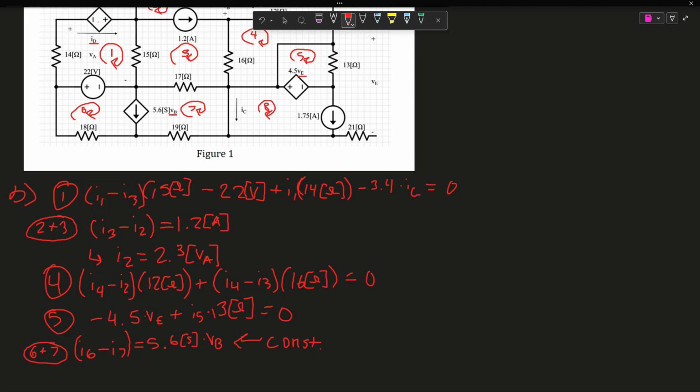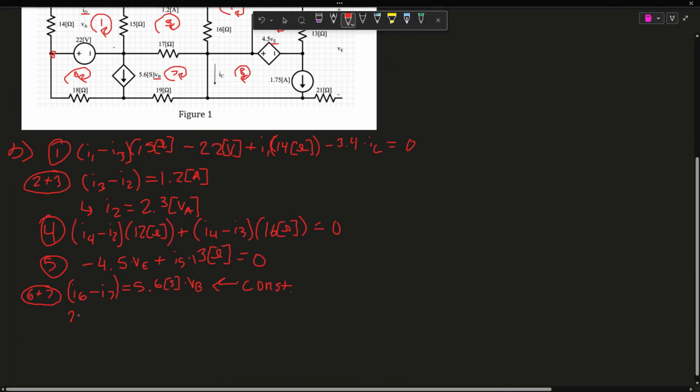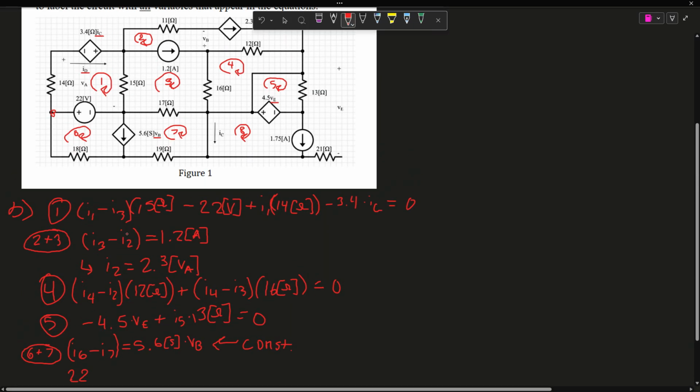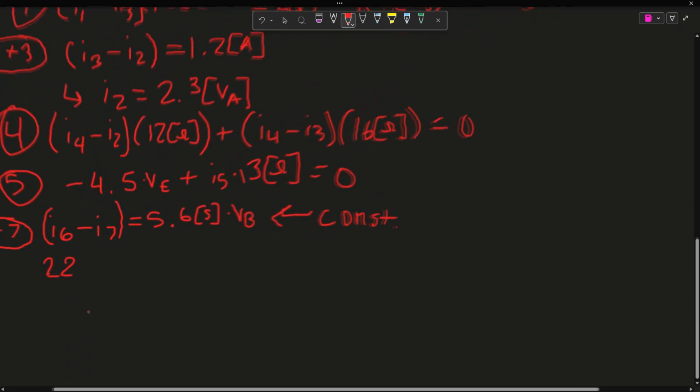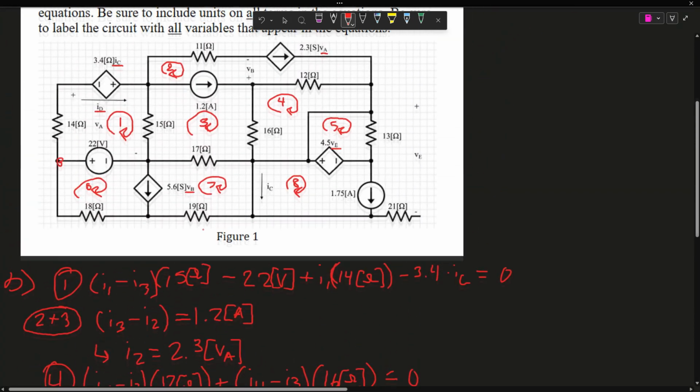So we're going to have 22 volts. If we start here, we're going to write a KVL essentially going like this. So we have plus 22 plus I7 minus I3 times 17 ohm. Was it I3?